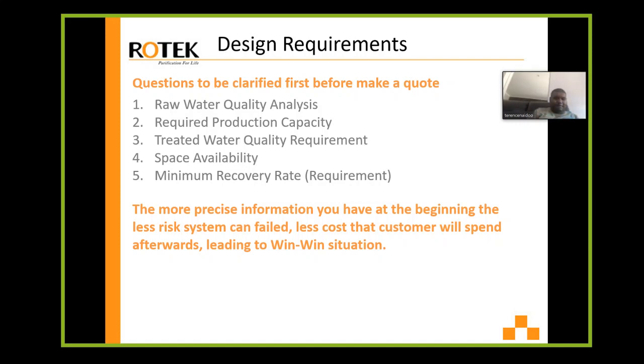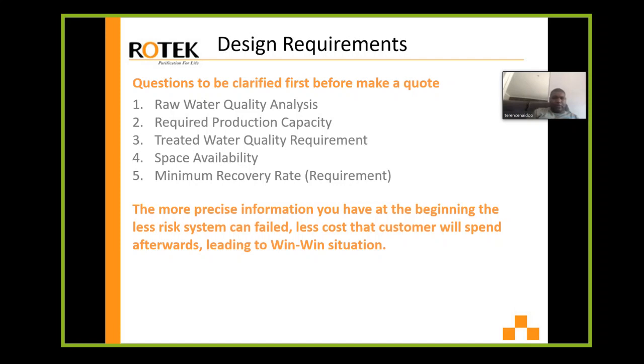Okay, required production capacity is something a lot of end users don't calculate precisely, so by the end of the day when they get a system, the system may run on and off very often.